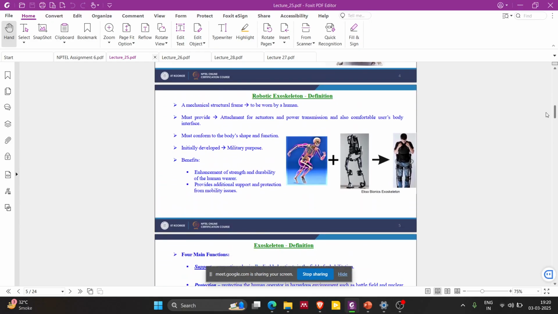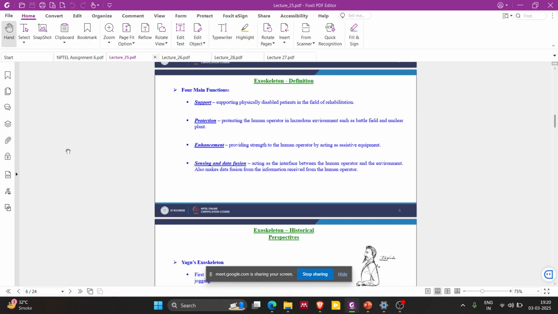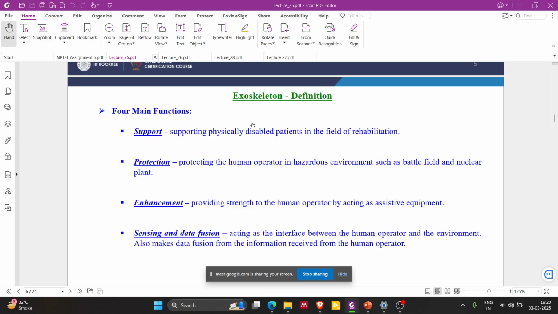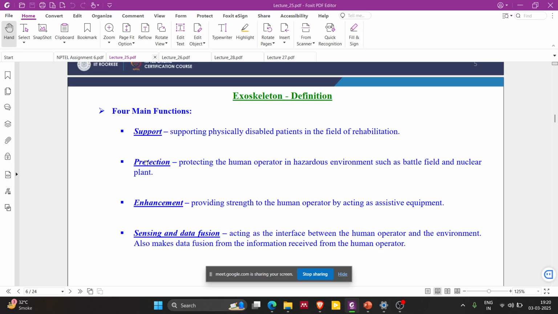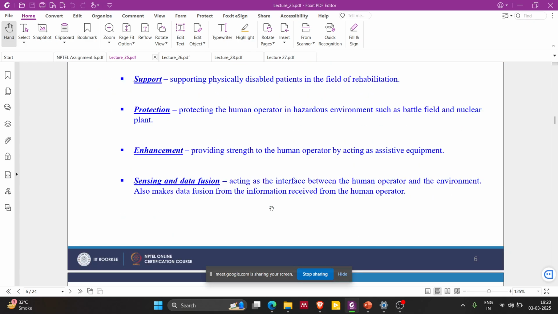These are the four main functions: support the physically disabled patient, which has an application on the medical side; protection, which protects the body, and is basically safety; and enhancement, providing strength to the human, the wearer, the operator. Please remember all four.